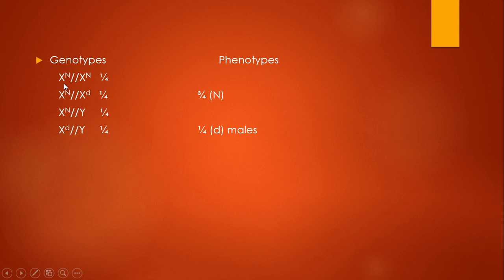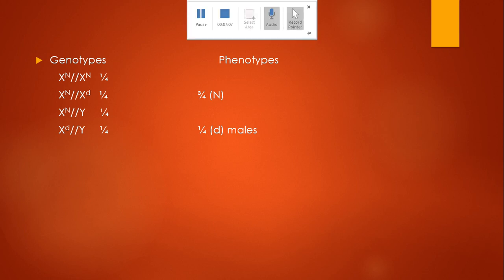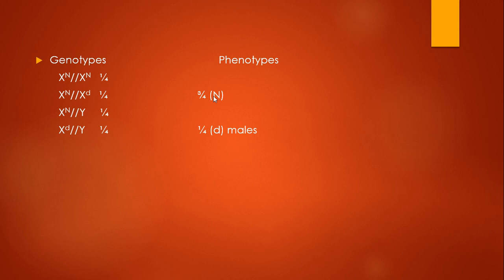1/4 of the offspring have an XNXN genotype. Another 1/4 have a genotype of XNXD, another 1/4 XNY, and another 1/4 XDY, which means that the possibility is 3/4 for the offspring to be normal, and every child to be born is going to have a 3/4 risk to be normal and 1/4 risk to be affected.